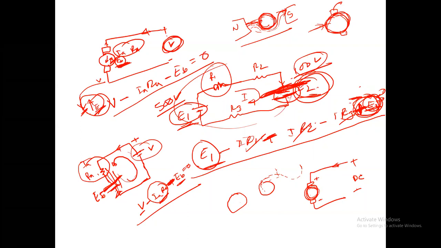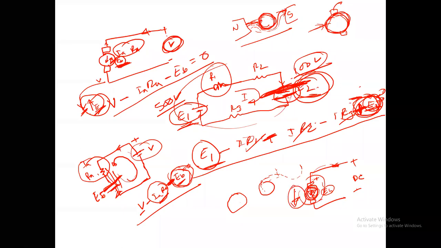This is the motor, but this is where generator power is developed. Okay, this power developed flows in the opposite side. If it is the opposite side, then our equation is minus. This developed power then goes through this side.